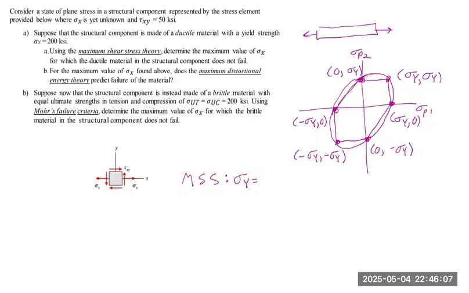So thus we can write over here yield stress is equal to tau max absolute times 2.